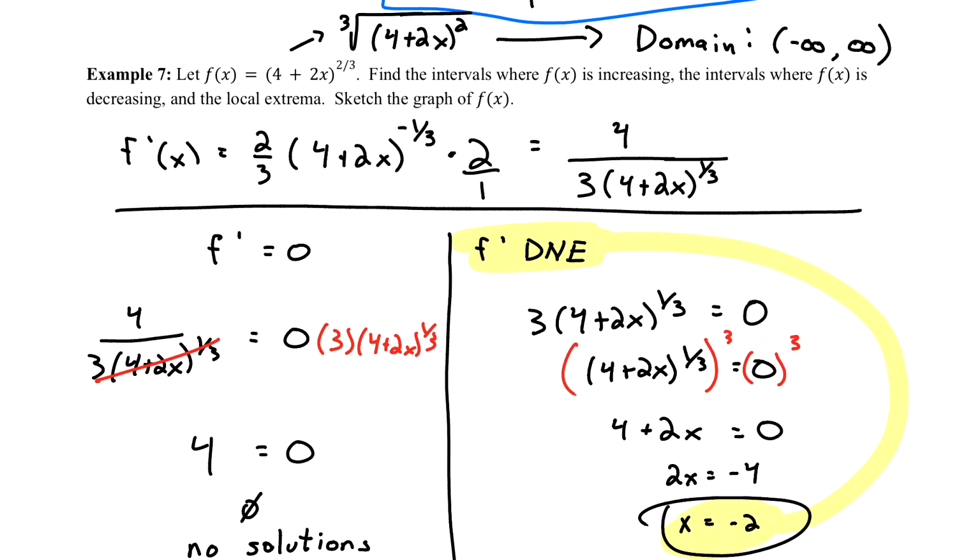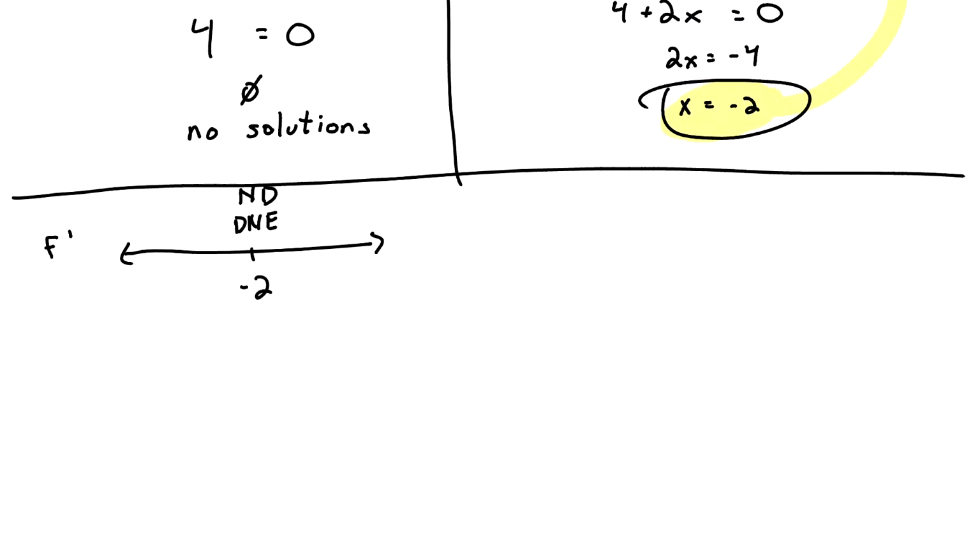I'm going to grab my derivative just so that I don't accidentally copy it down wrong. So here is my derivative. This is f prime of x. I want to take a number on the left-hand side of -2, plug that in, and a number on the right-hand side of -2, and plug that in. So here, f prime of, let's say, -3, I'm going to work on the left-hand side first.